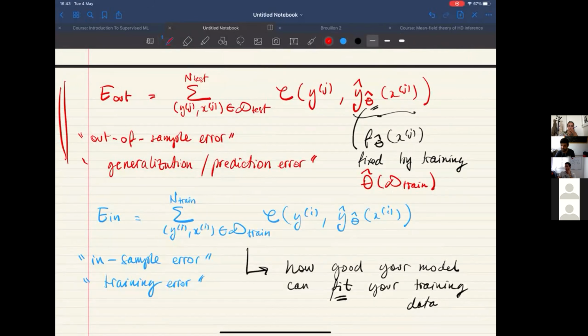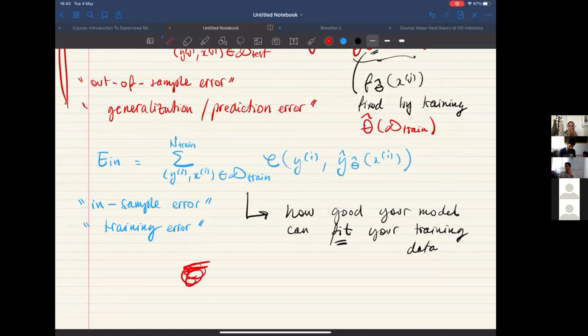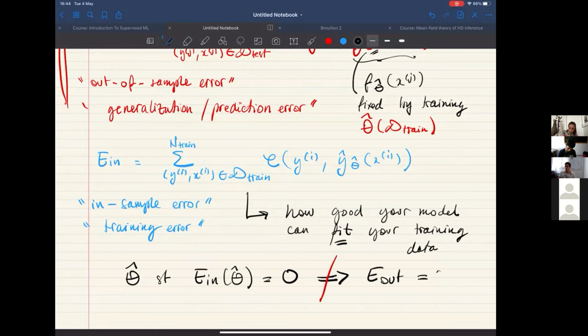And the opposite can happen. It's not because you find a model able to perfectly fit your training data, which means if you find a theta hat after training such that the training error evaluated for the associated model is 0, that it implies the generalization error is 0.